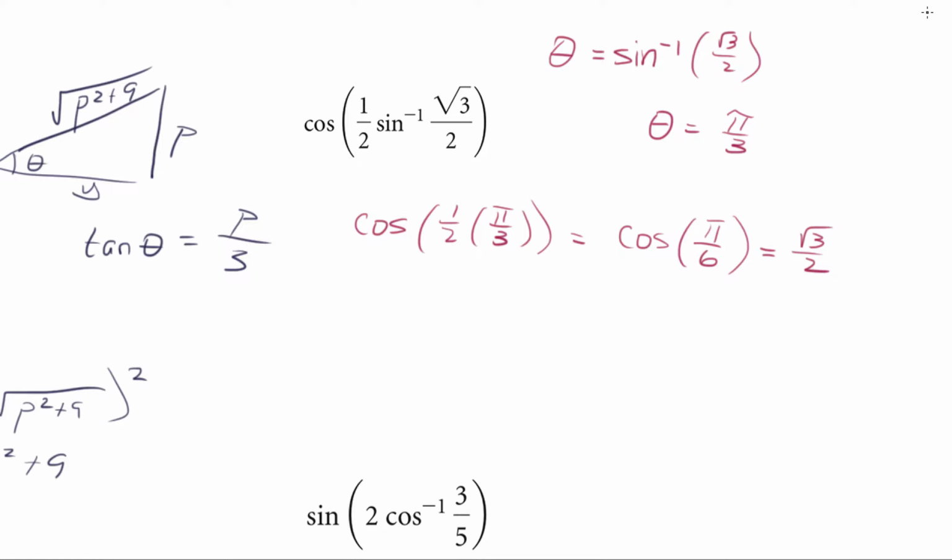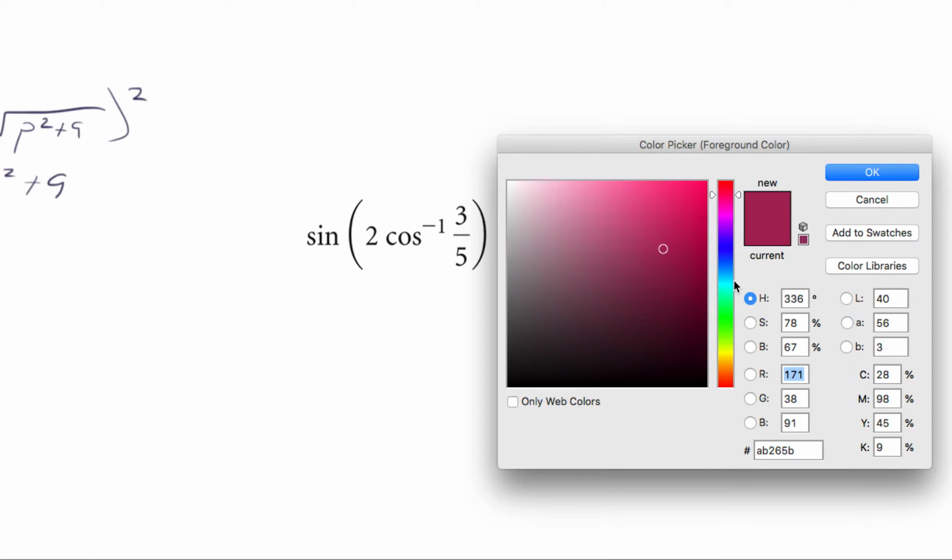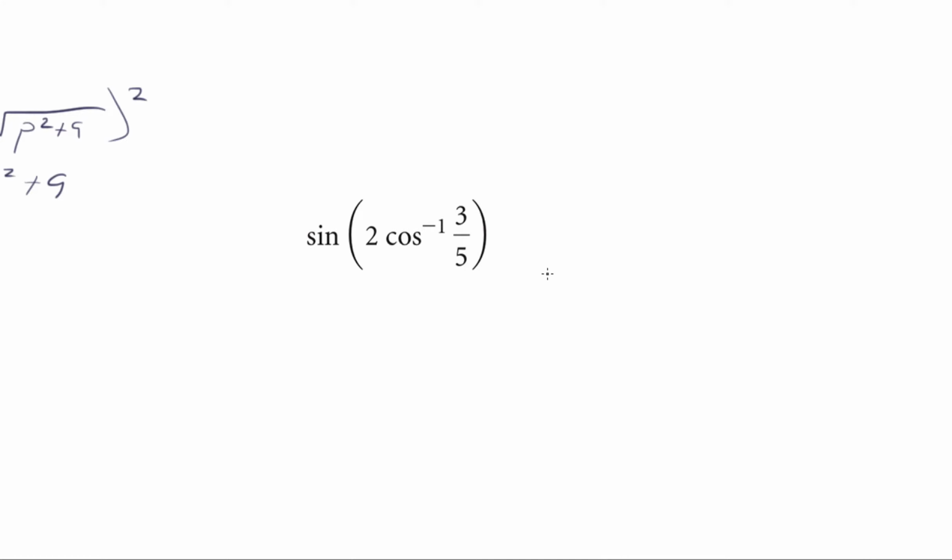Now, for this one, it's a little more challenging because this one is not in the unit circle. So, sine of 2 cosine inverse of 3/5. Well, again, theta equals cosine inverse of 3/5. This implies that cosine of theta equals 3/5.